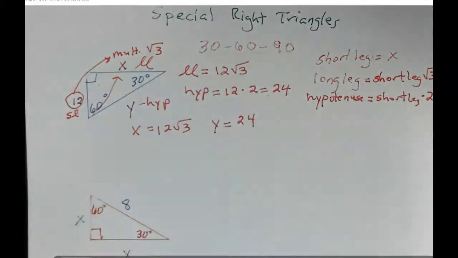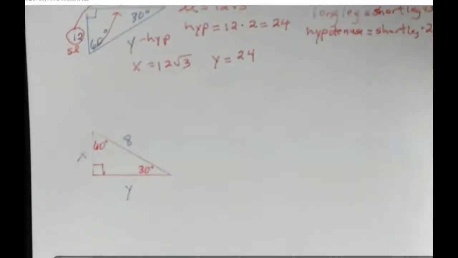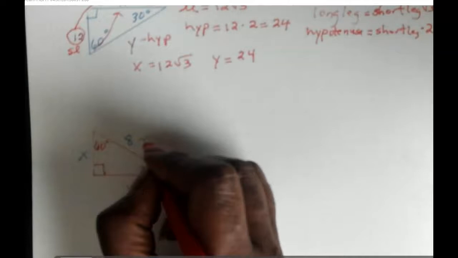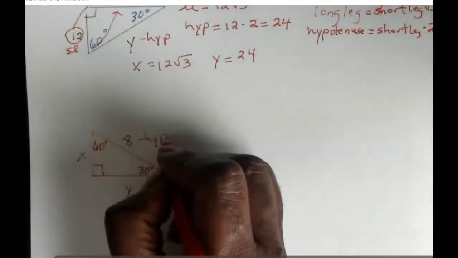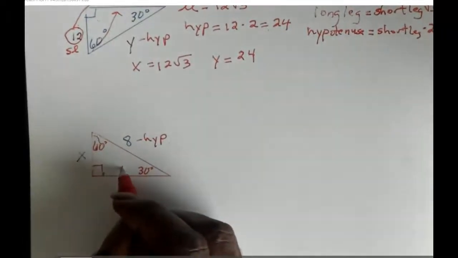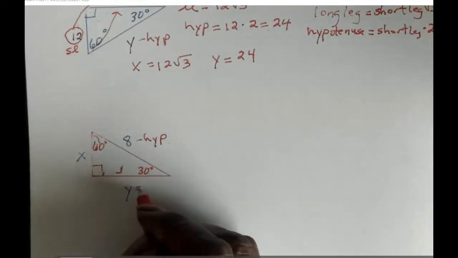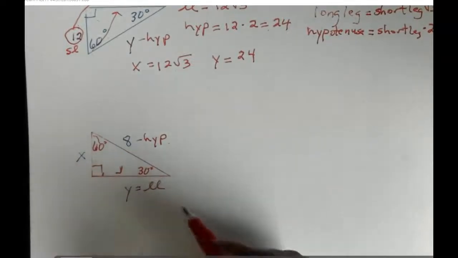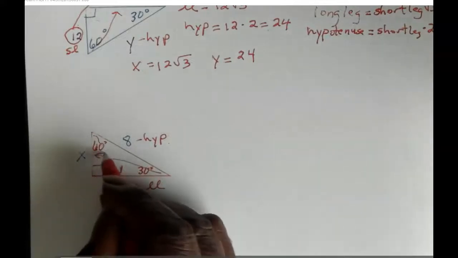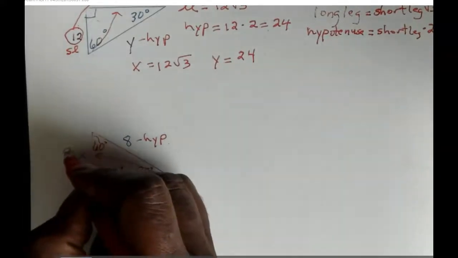Okay? All right, now, what if we start off with the hypotenuse? Here we have started off with the hypotenuse. The hypotenuse is 8. The long leg is y, and opposite the 30-degree angle is our short leg.